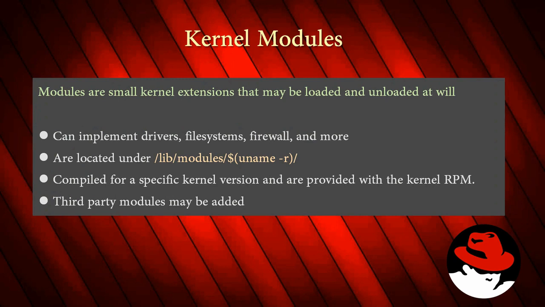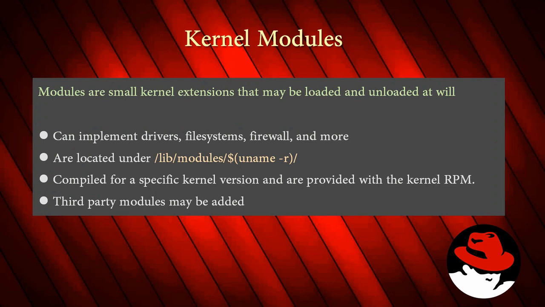They are located basically under the directory lib/modules and provide the uname directory. It is compiled for a specific kernel version. The modules are basically meant for a specific kernel version. They are not generalized. There are different versions and are provided with the kernel RPM, the package management.